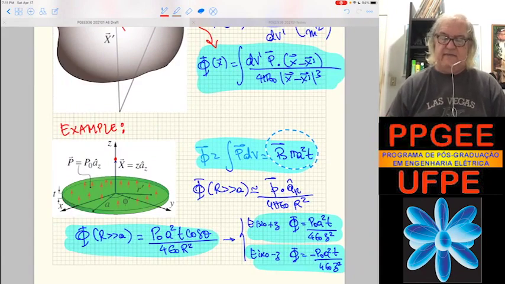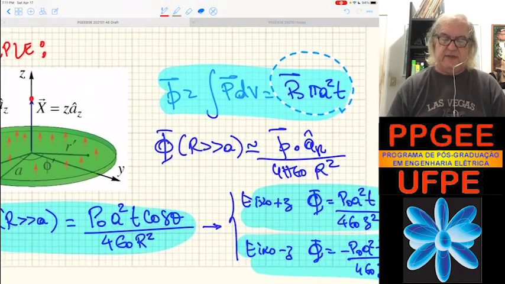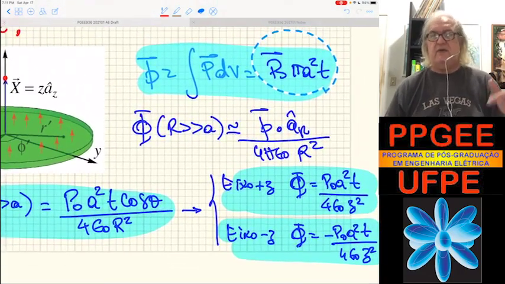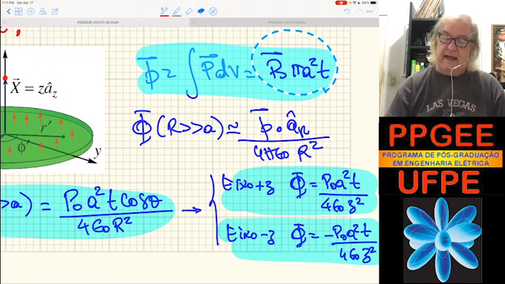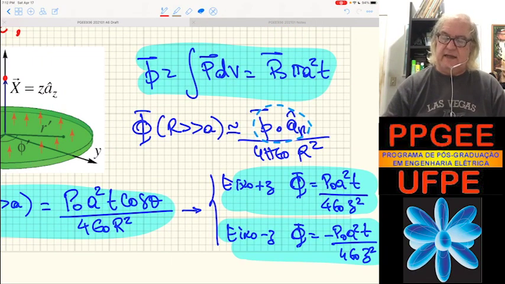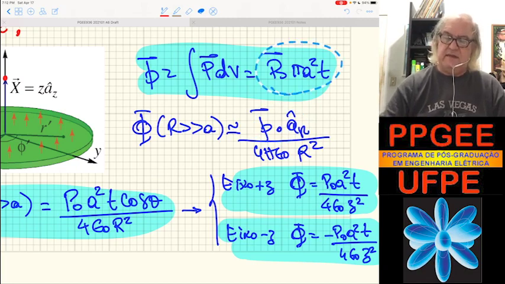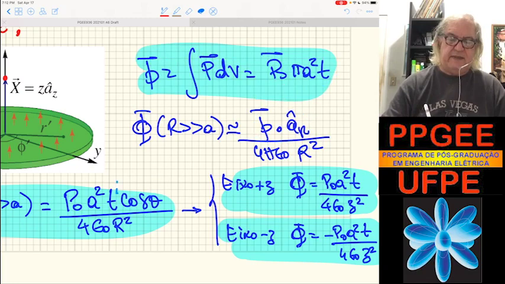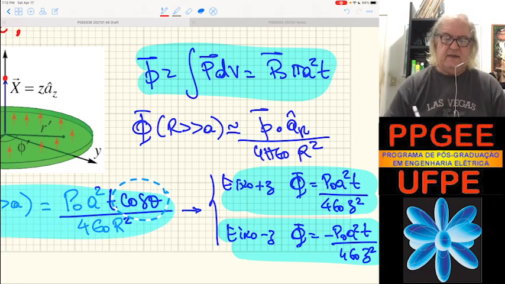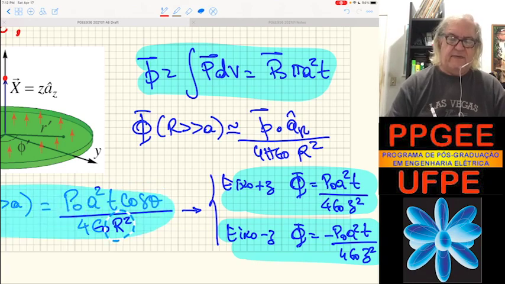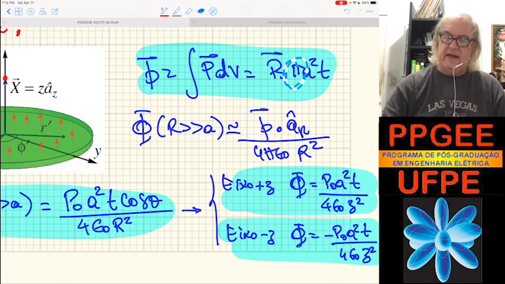I'm doing some calculation, just making some reference to the calculation we are going to do now. Let's express this in terms of the angle and the polarization, which is here. So it's going to be P0 a squared t times cosine theta over 4 epsilon 0 r squared, because we have a pi that canceled out here, right?